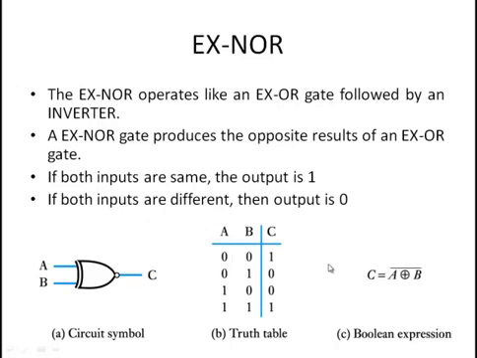So this point is important: in case of XNOR, output is high only when both the inputs are the same, but in case of XOR, the output is high only when the inputs are different. XNOR gate is also called the equivalence gate, while the XOR gate is called the comparison gate.